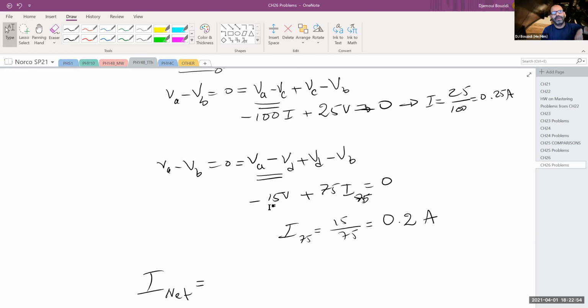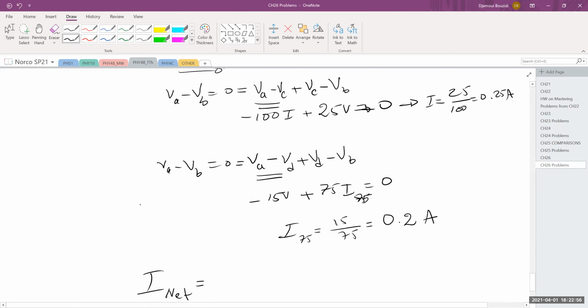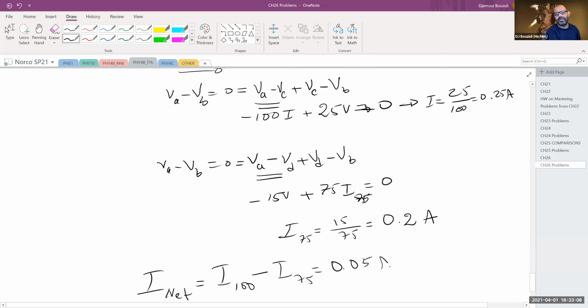Add or just subtract them. Okay. So actually it's going to be I100 because it's coming down, and the other one is going up, I75. And this is going to be 0.005 amps. So that is what that ammeter is going to record. That is what's going to register. That's going to read this much current through it.